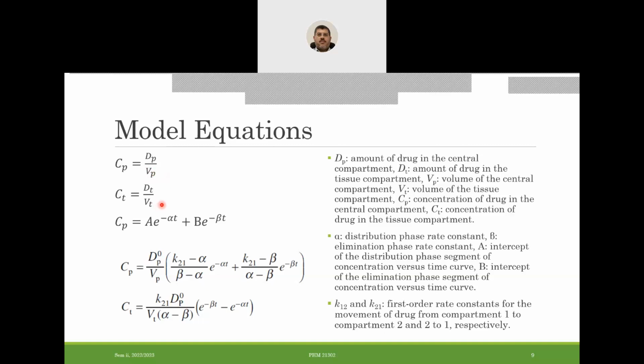Okay? If you want to replace alpha and beta in these equations, then you have to replace them with K21, K12, and also K10, we call it, or K elimination. So you will get more complicated equations.